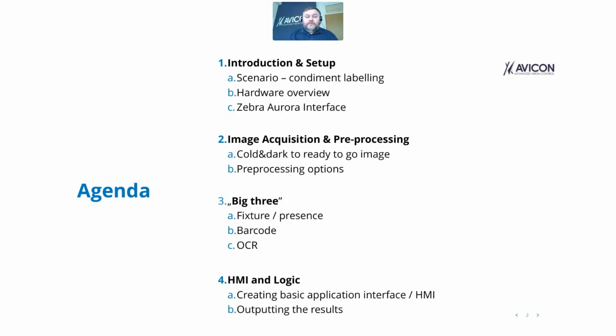In the next steps, we will run the setup from a cold and dark state to ready-to-go image acquisition, and we will show how to quickly preprocess some things in the image in case preprocessing options are needed. Point three is the so-called big three of image processing, which is fixture and presence tools, barcode reading, and OCR.